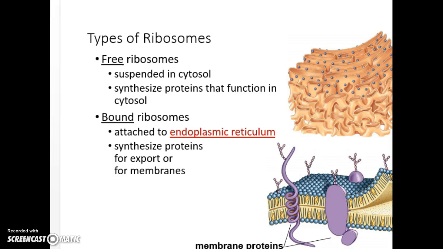Also, when we get into ER, we'll also look at another function of the endoplasmic reticulum, which is to make the proteins that are bound for the cell membrane. So those types of proteins are also going to be made by the bound ribosomes on the rough endoplasmic reticulum.